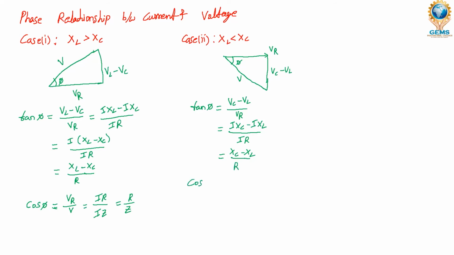And cos phi, we have adjacent VR by hypotenuse V. VR is I into R, V is I into Z. Same, cos phi equals R by Z. Case 3.